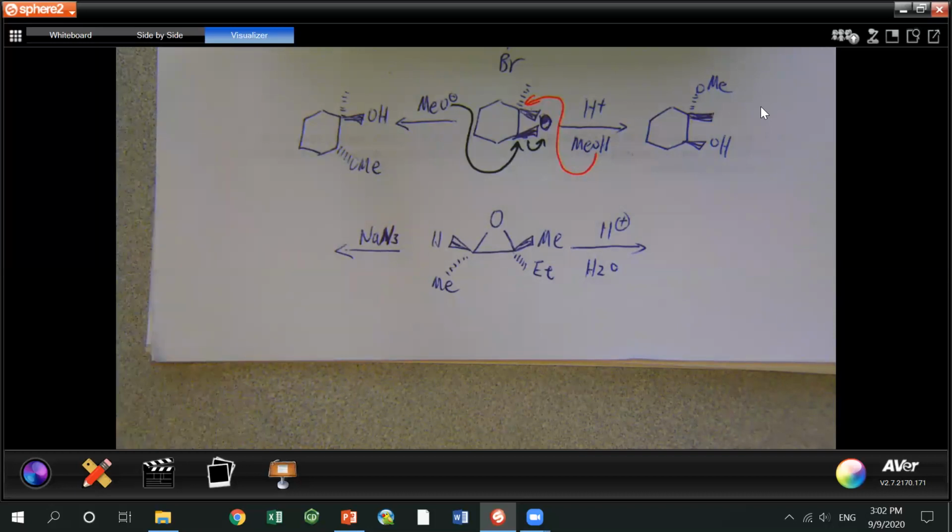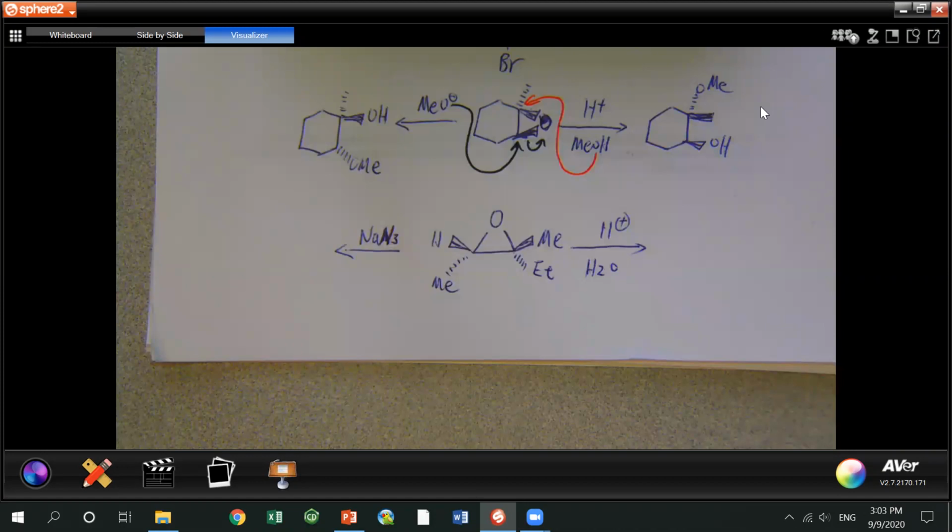Last time we learned the ring opening of the epoxide, the 3-member ring, a 3-member ether, under either acid or basic conditions. Under acid conditions, the stereochemistry follows SN2, but the regiochemistry follows SN1, attacking the more substituted carbon. Under basic conditions, both stereochemistry and regiochemistry follow SN2, attacking the less substituted carbon.